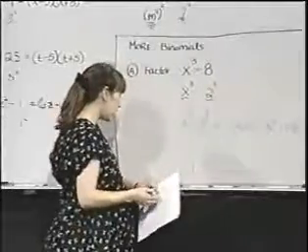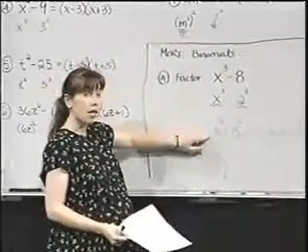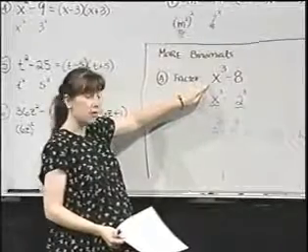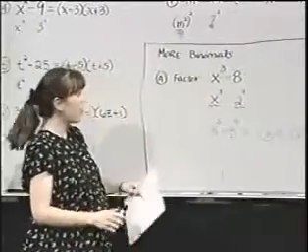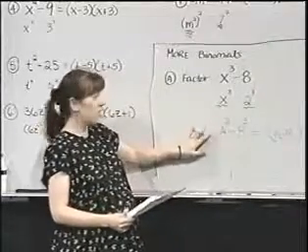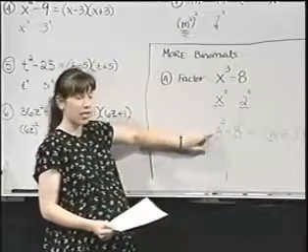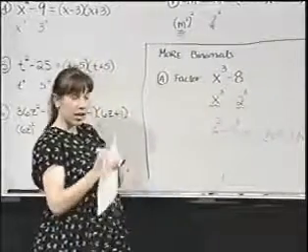Okay, so I'm just rewriting that formula again, and I'm going to apply that formula to this polynomial. So let's factor x cubed minus 8. Now, you have to memorize this in order to factor this. There's no getting around it. You need to memorize this. Here we go.